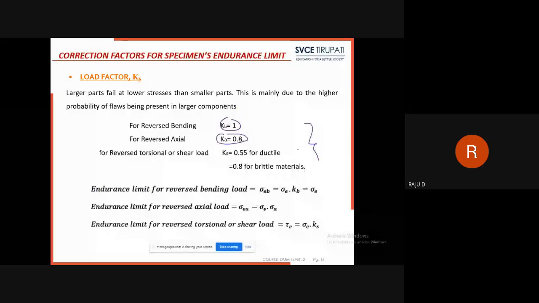Okay, so first you have to calculate the endurance limit. I think all of you know, that is sigma E. Once you calculate the sigma E value, then only we substitute the corrected endurance limit value.